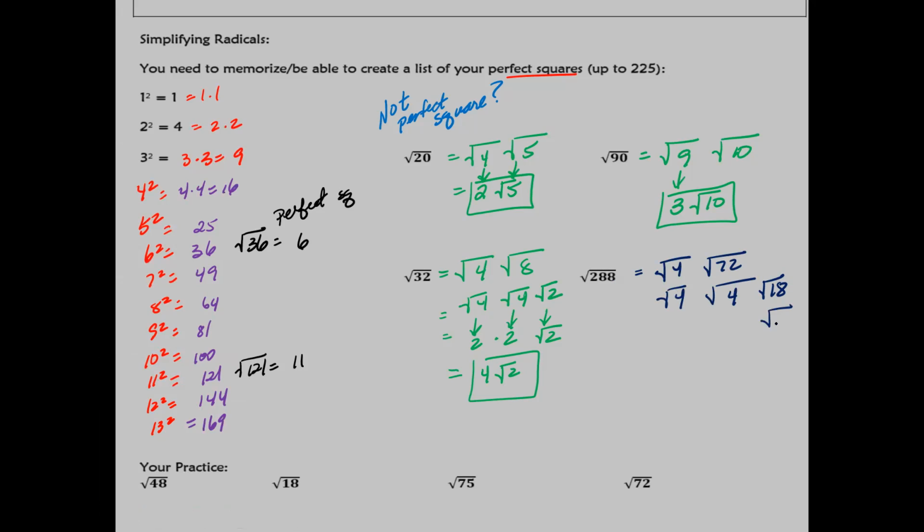And that 18 can be broken down into a 9 and a 2. Square root of 4 is a 2. Square root of 4 is a 2. Square root of 9 is a 3. And then just bring down your square root 2. So 2 times 2 times 3 is 12. Square root of 2 is then going to be your answer.